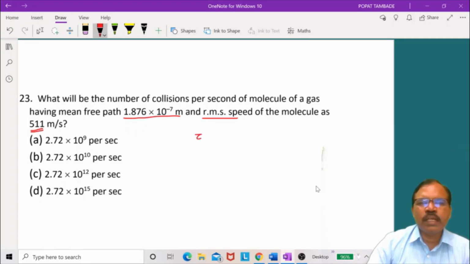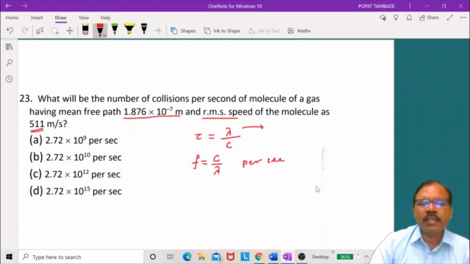So we know the average time between two collisions is simply mean free path upon RMS velocity. So number of collisions, that is F, is equal to C upon lambda, and this is per second.